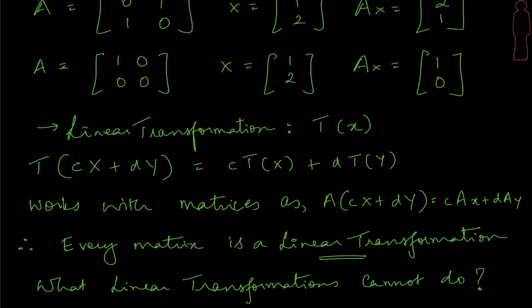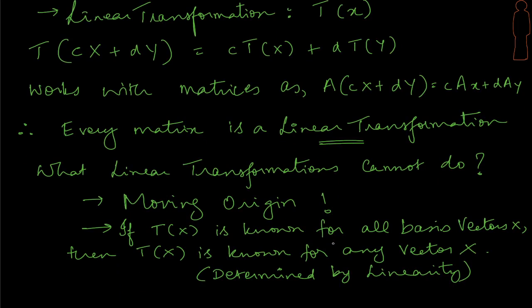Okay, now we looked at several examples of linear transformations, and we may have a feel that linear transformations can do everything that we need, but that's not the case. So here are examples of what linear transformations cannot do, right? The simplest example is that we cannot move the origin using a linear transformation.